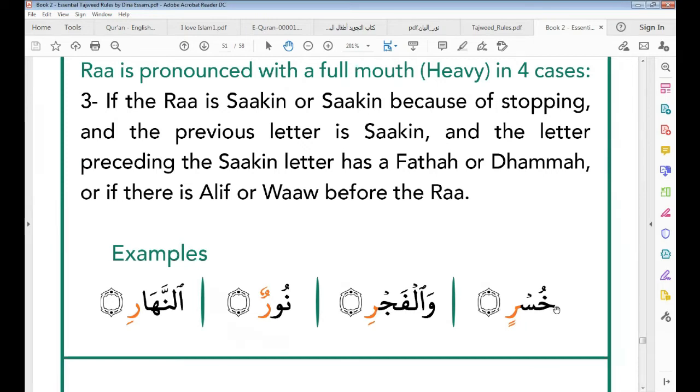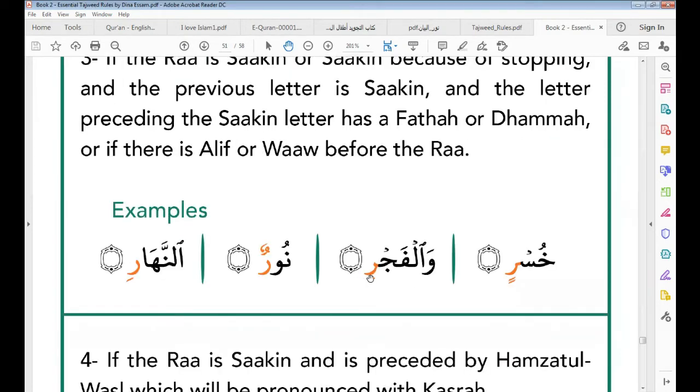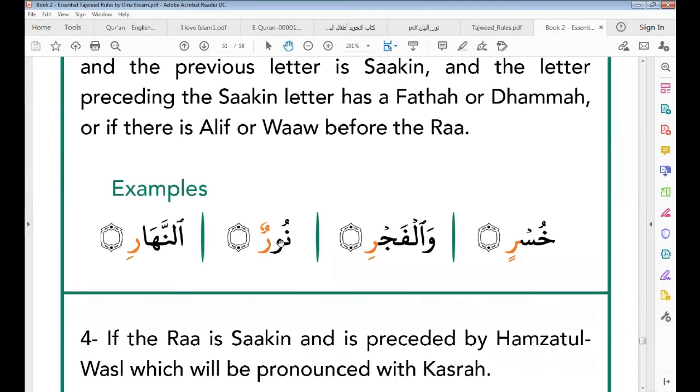Khusr. The following is wal fajr. This one has mad waw before, and this one has mad alif before. Noor, an-nahar.